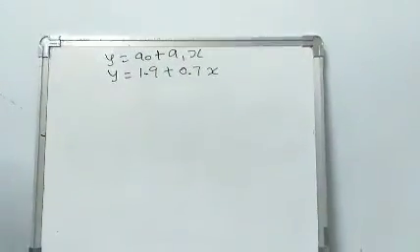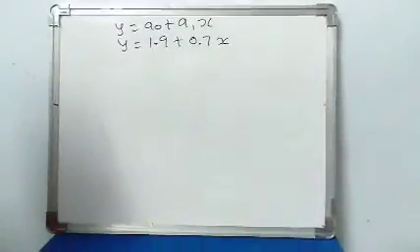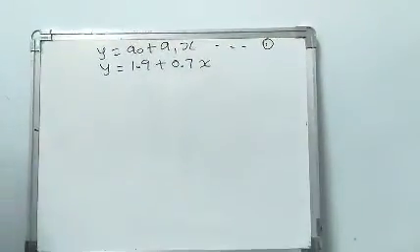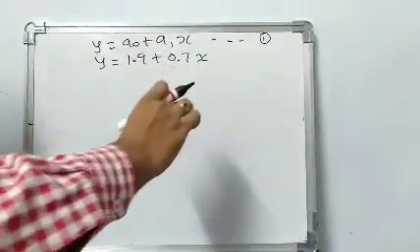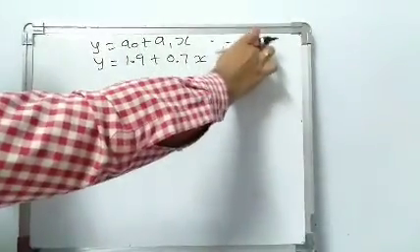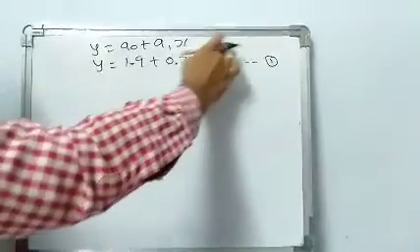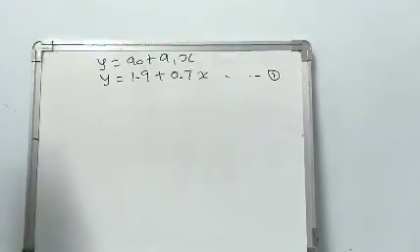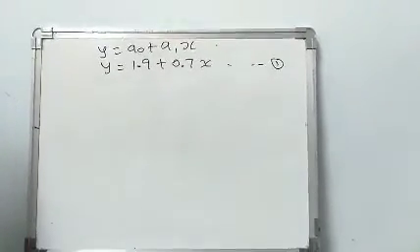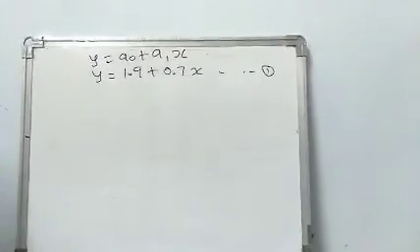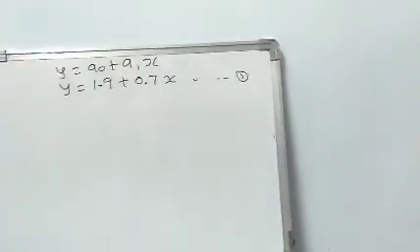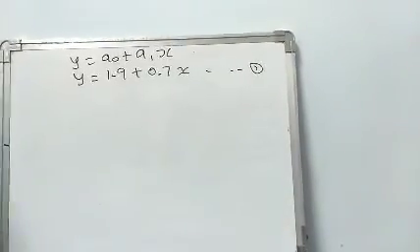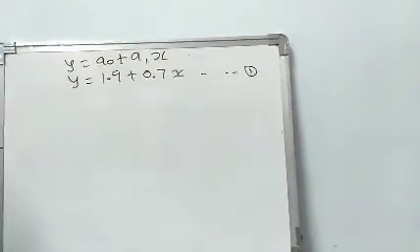I am giving this as equation 1. Now for the first one, that was given: the regression equation of y on x, and find the value of y when x is equal to 10.